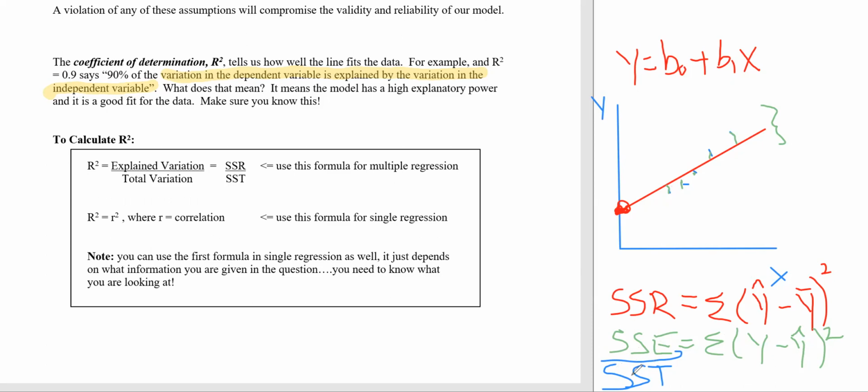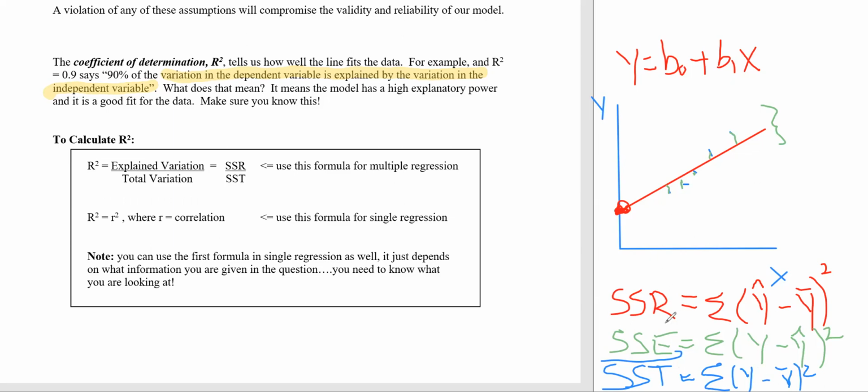Now the total variation in the model, the SST, is calculated as the sum of the actual Y value minus the average Y value, squared. I've got my formula straight here. I hope that I didn't throw you off too much.